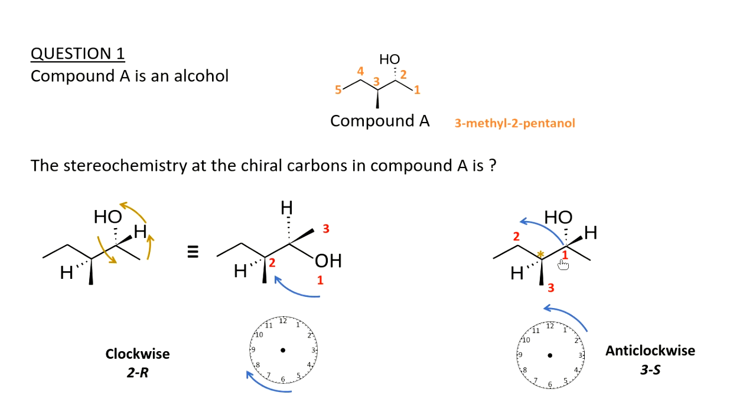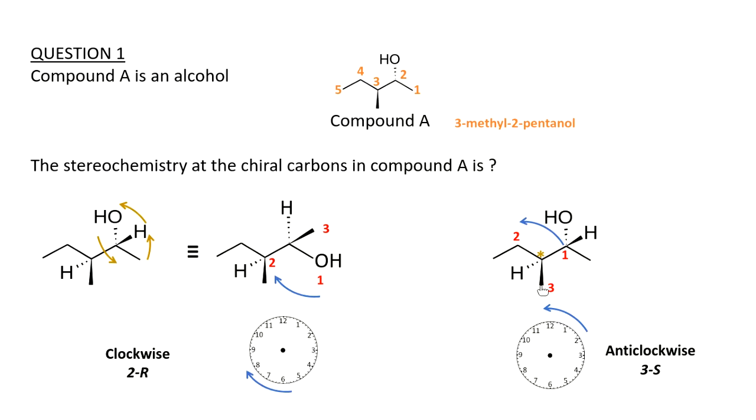We are now going to prioritize the groups based on atomic number. These are all carbons, so we see what is next attached. Carbon 1 has an oxygen attached, whereas the other carbons only have hydrogens or carbons. So this carbon is priority 1. The ethyl group will be priority 2, and the methyl group will be priority 3.